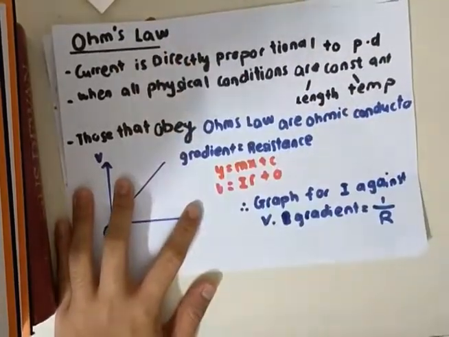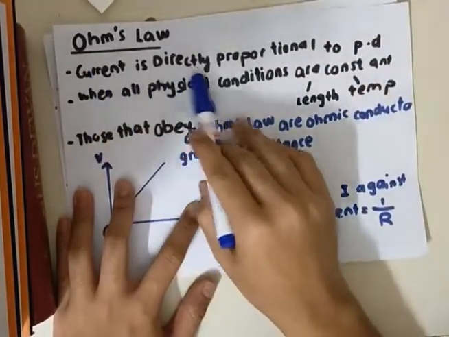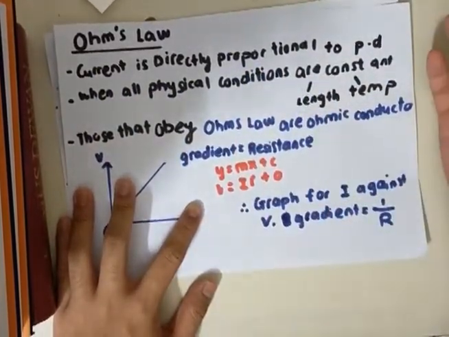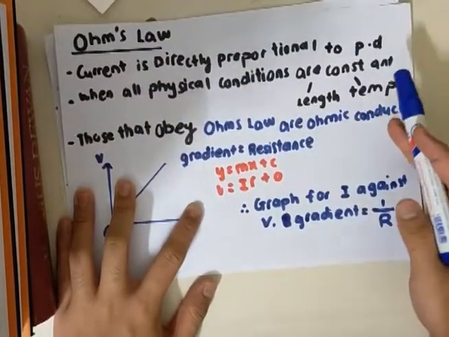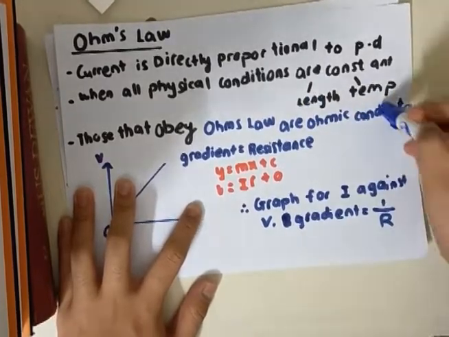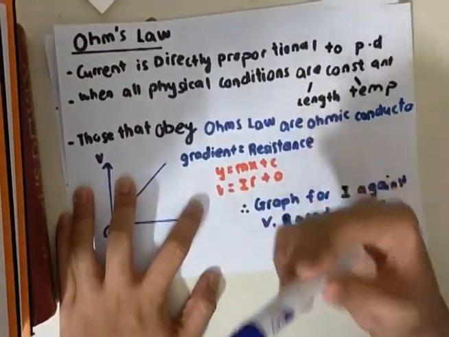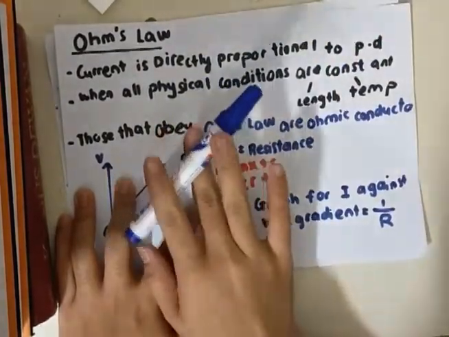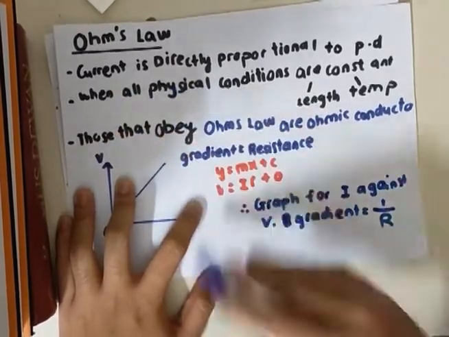What you have to know is that for every single law, there will be a limitation. For this one, the limitation is when all physical conditions are constant.